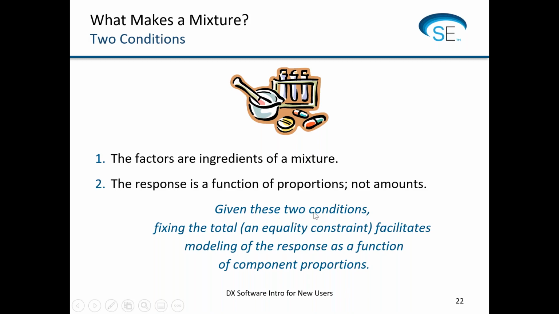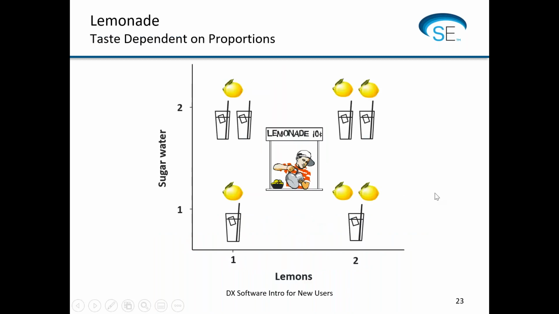And I think a good way to look at this would be this little lemonade example that we always use. So if we're going to make lemonade from sugar water and lemons, and we're going to use a factorial design, well, here's what we would do. We would study everything at its low and high level in combination with everything else. So in the lower left, we would have a 1-to-1 ratio.